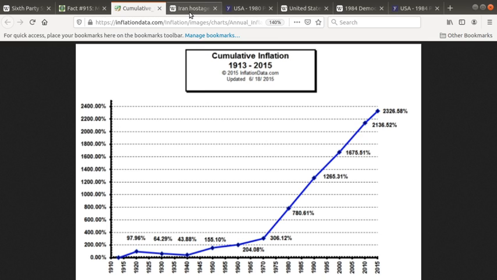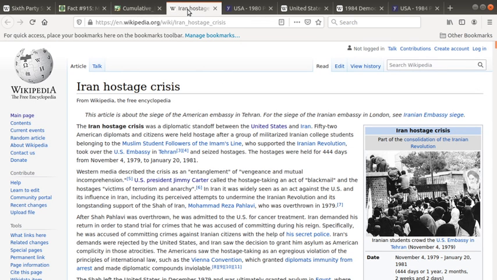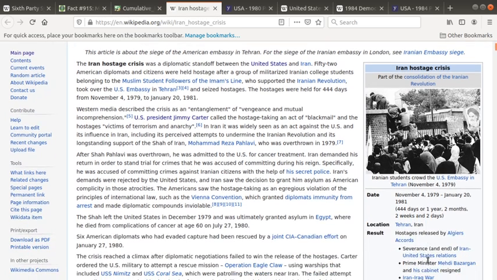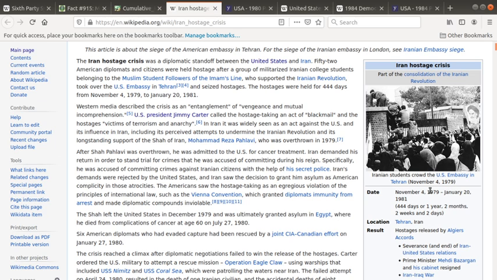The final one I want to talk about, and probably the biggest one, is the Iran hostage crisis, when people at the American embassy were held hostage in Iran for about 1 year and 3 months.